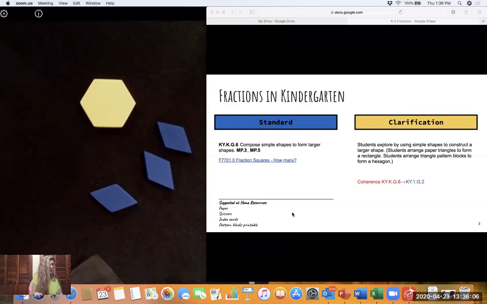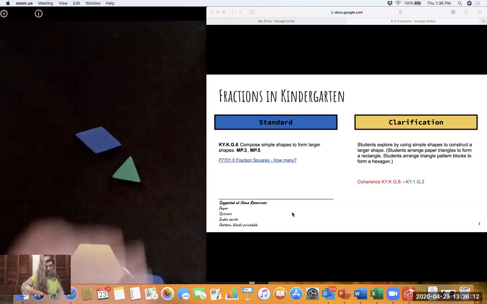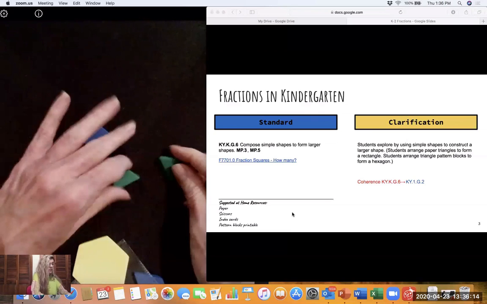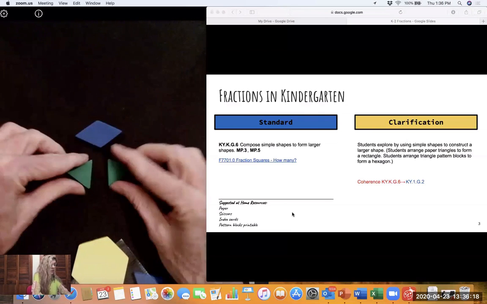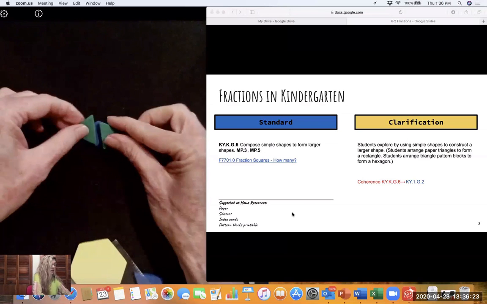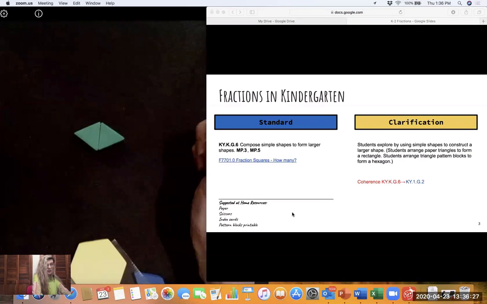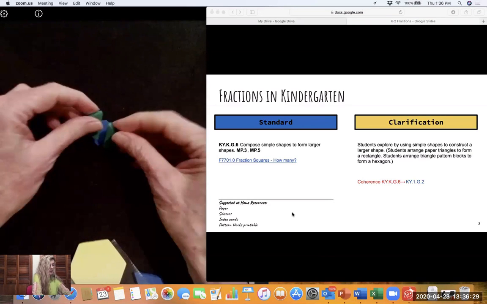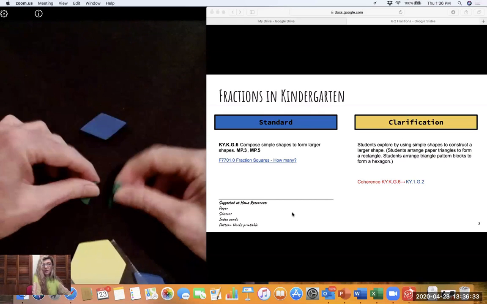So with these pattern blocks, what we want to do is we want to see if our kids can take these shapes and then work with them to form other shapes. And now some of them will want to build it beside of it, and some of them will want to lay it right on top to make sure it matches. Of course, when we're working with our kids, we talk about how many it took, how many triangles it took to form this rhombus.